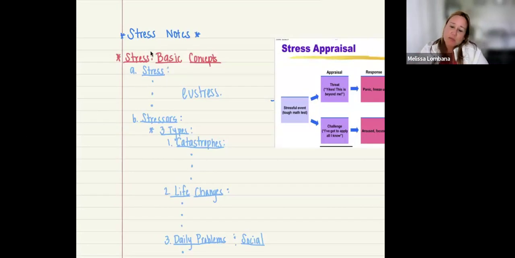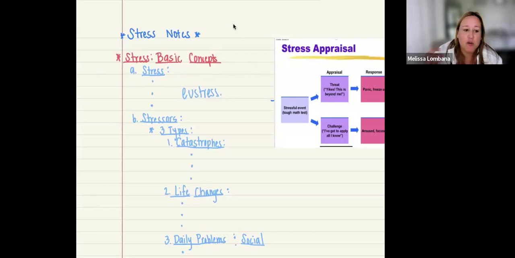All right, so first one is stress, some basic concepts of what is stress. So the first one is stress. What is it? It is a mental, so it's a cognitive, and physical condition that happens when a person encounters some demand or an expectation, and then they must adjust or adapt to the environment.